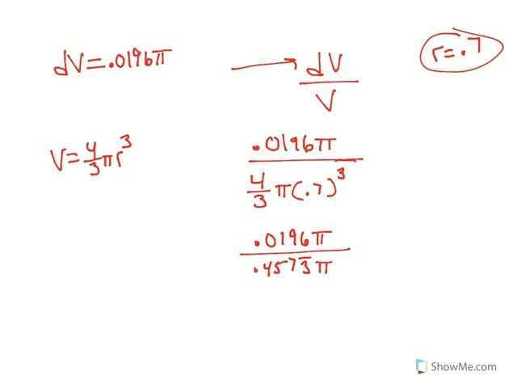So if you don't have the pi factored in on both the top and the bottom, the pi's conveniently cancel. So we're left with a ratio of 0.0196 divided by 0.4573 repeating.